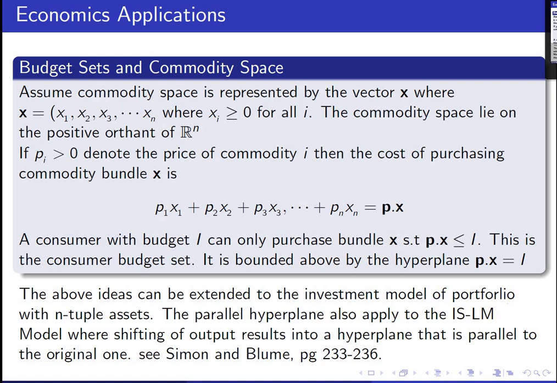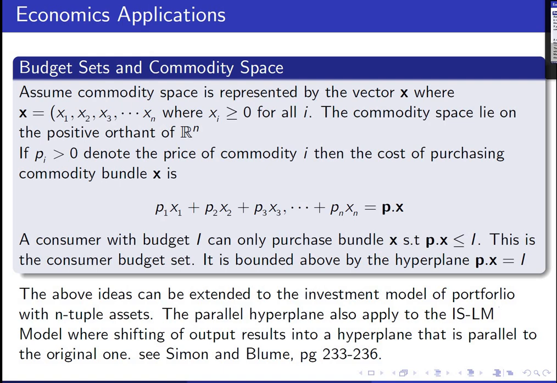And then these ideas can also be applied to our investment models in portfolio theory, right? Where you can consume n-tuple assets or n-tuple shares. Obviously, with regards to shares, your shares will have prices as well. And then you can buy so much quantity of ShopRite, given that the price of a ShopRite share is maybe 126.